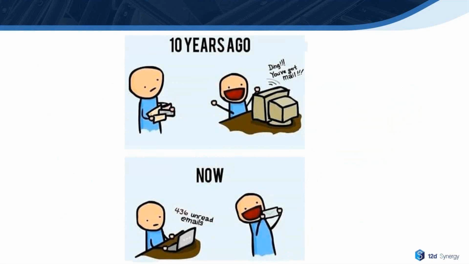But to say that you might have 436 unread emails in your inbox, for some of you that might be completely a small dip in the ocean. But this slide really shows how much things have changed in the workplace in 10 to 15 years, and how our views on using this technology have changed.